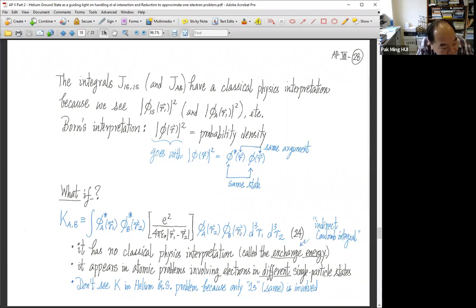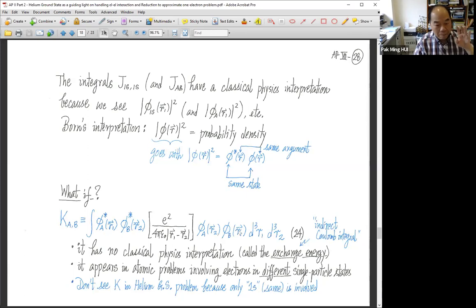You may be worrying a little bit, just like other students: do we include something like an electron interacting with itself? Now that is a very advanced question. I don't want to say anything at this point, all right?